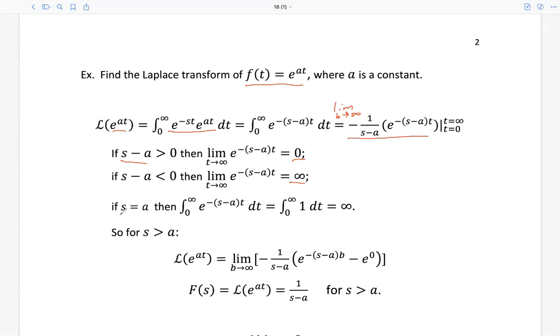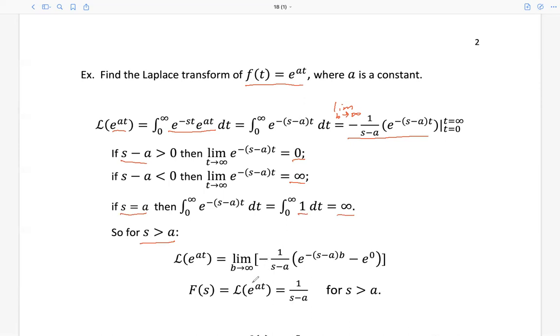If s equals a, that means s minus a equals 0, so the integrand is just 1, and the integration also goes to infinity. So the only case that makes sense is s greater than a.